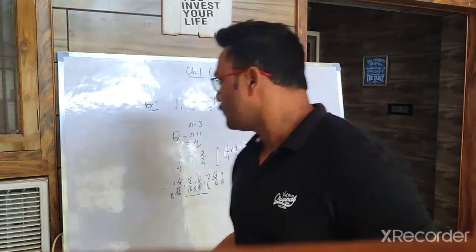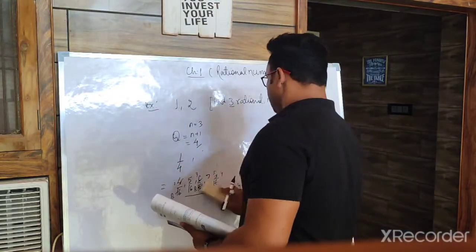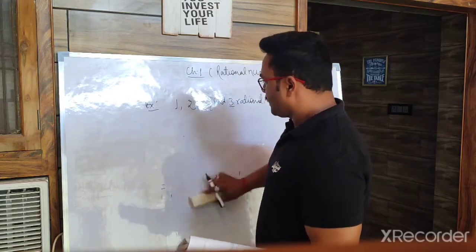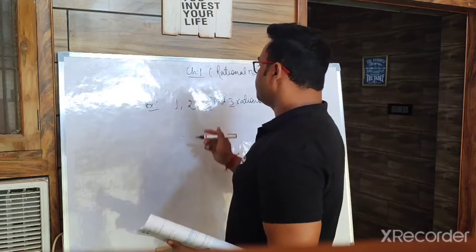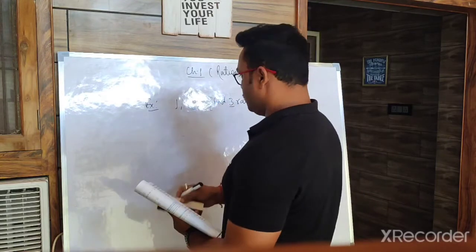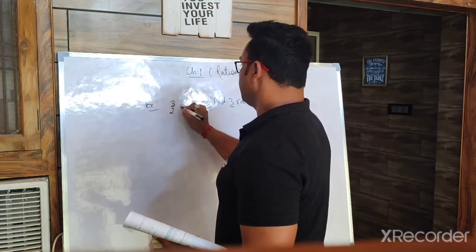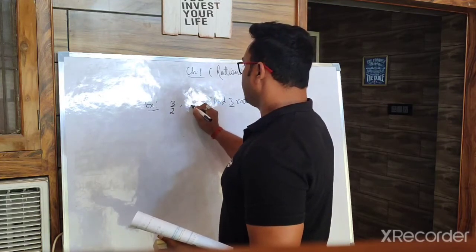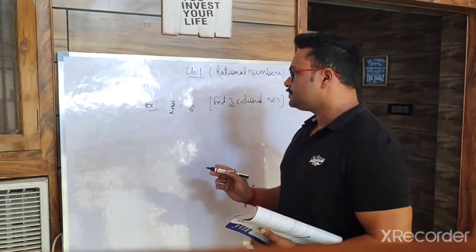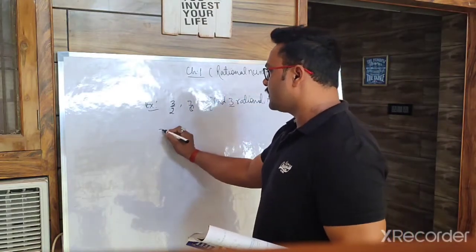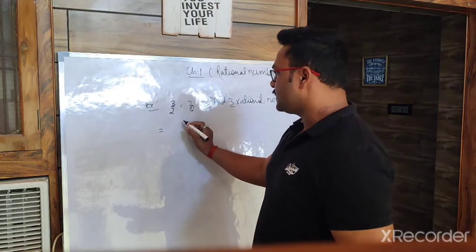One more example, let us discuss. Suppose we have the numbers 3 by 2 and 7 by 8. We have two numbers, so let us make them equivalent fractions first.